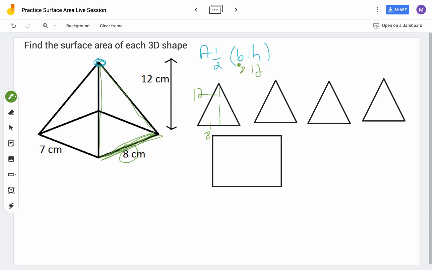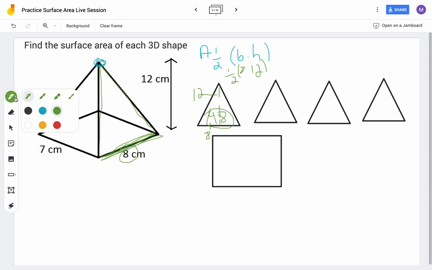But we can't forget about our half. Our half is very important. If you forget about the half, you're going to have it wrong. So what is half of 96? That's right, 48. So that is the area of this triangle. Only this triangle. That's the only one we're talking about right now.